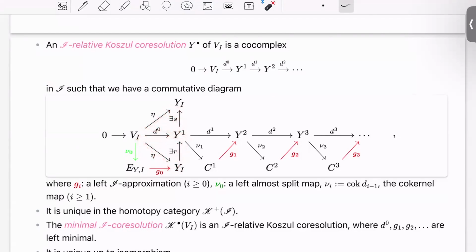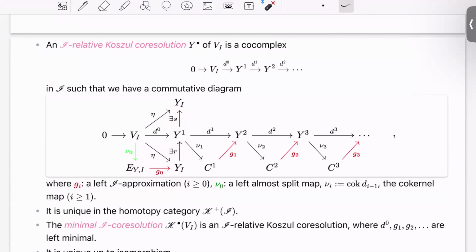So this means that D0 is equivalent to this eta. So eta is the essential part, and we can change eta loosely by the existence of morphisms.